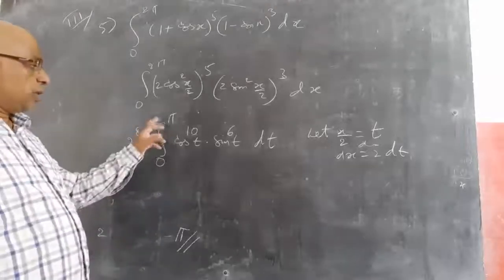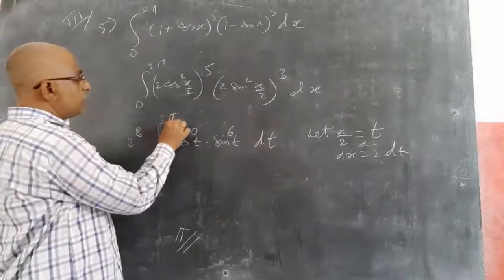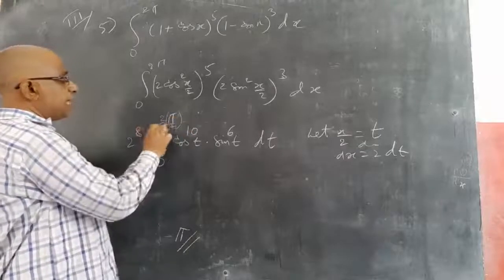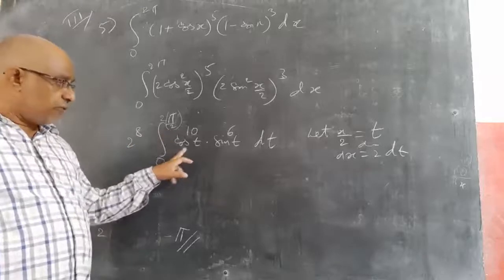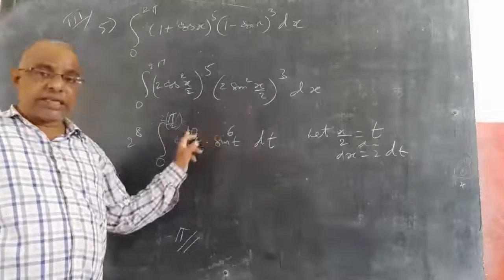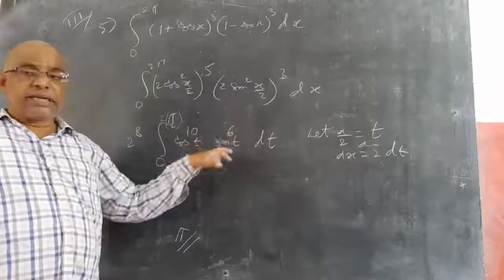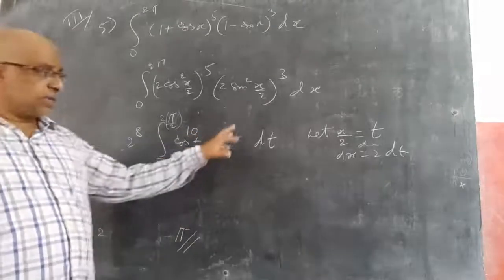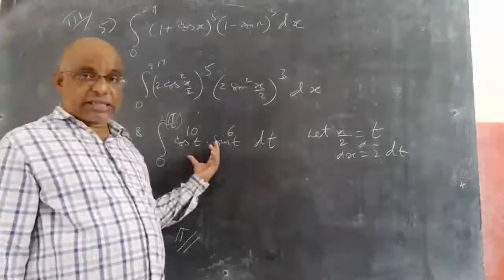Now 2a minus x gives me f of x itself. I am taking this pi as 2 into pi by 2. Then f of 2a minus x gives me f of x only because these are even powers. Even if it is minus, power 10 makes it plus. Power 6 automatically makes it plus. So what I want to say is these two are even functions.